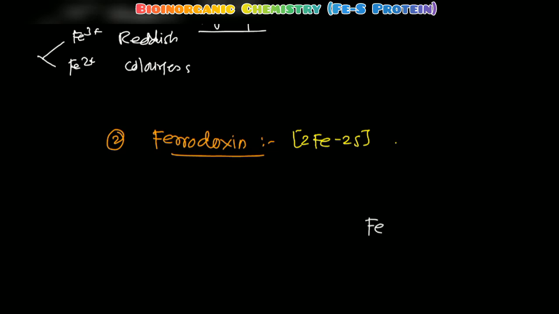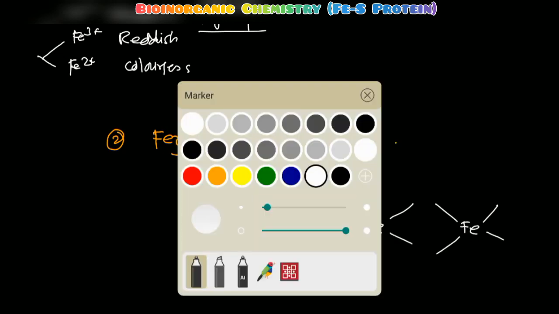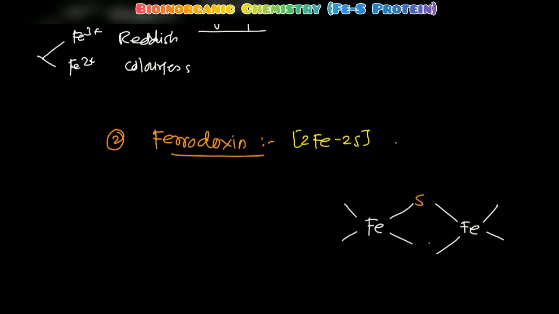Look at the structure for ferredoxin. Here this is one iron, this is the second iron, and these are the sulfide bridges. Look at the structure: this is the sulfur, and these are the sulfur from the cysteine residue, which is a part of an amino acid.